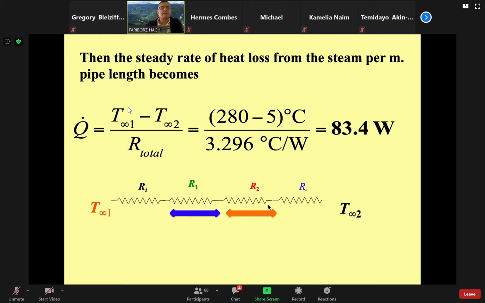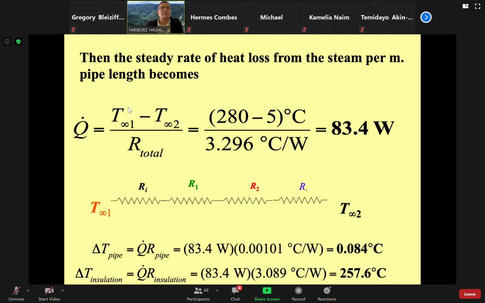Across the pipe is equal to Q times this resistance. Remember, Q equals the temperature difference divided by resistance. I know this for each section, therefore I can calculate the temperature drop.